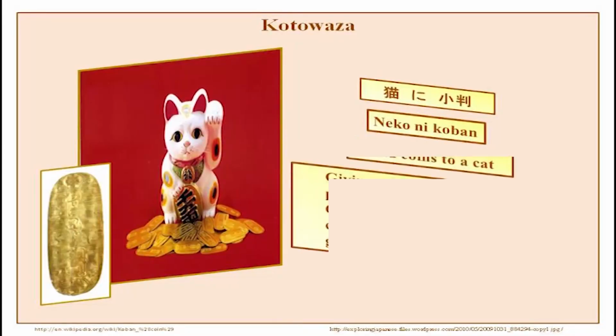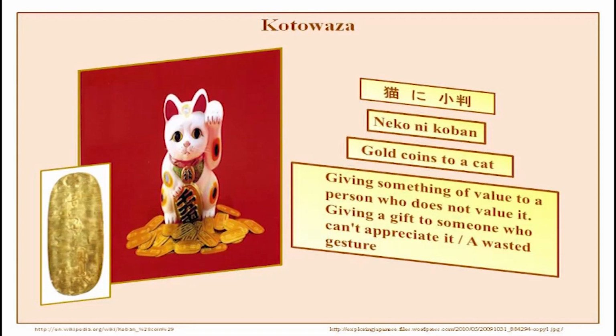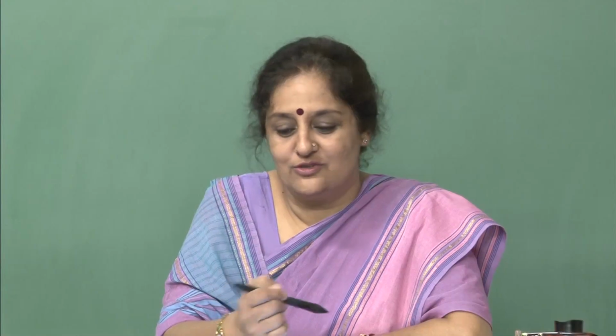It is giving something of value to a person who does not understand the value of what is being given or offered, giving a gift to someone who cannot appreciate it, meaning basically a wasted effort. Like over here, if you give a lot of money to a cat, the cat cannot do anything with the money. So, please remember neko ni koban.